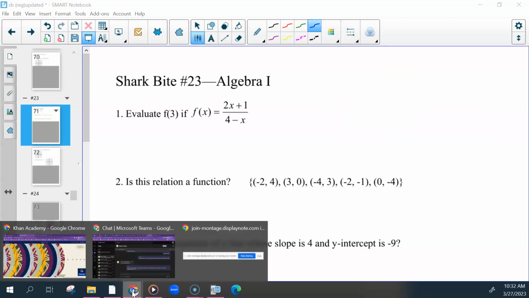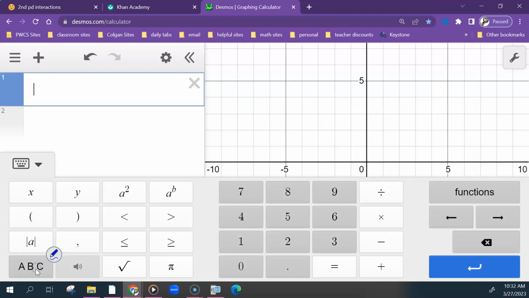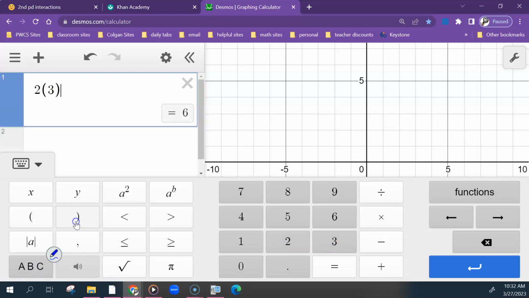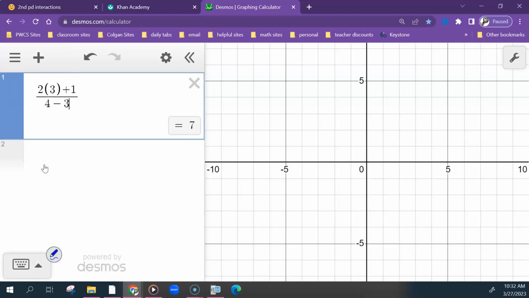So I'm going to put all of that into Desmos for number 1. We are evaluating, and it says f of 3, so 3 is going to go in for all your x's. So then your answer should have been 7, but remember you have to write it a specific way.